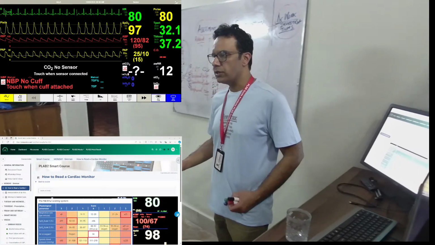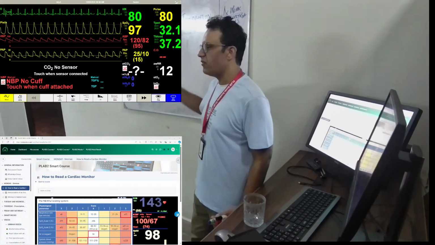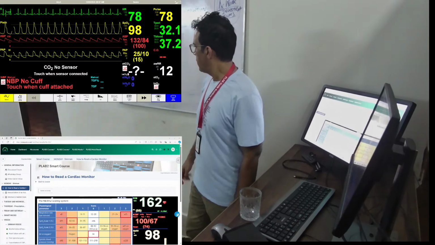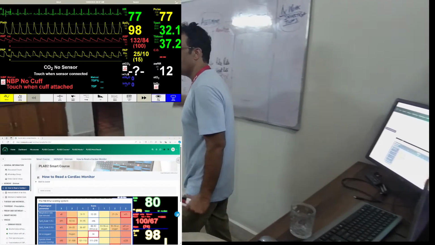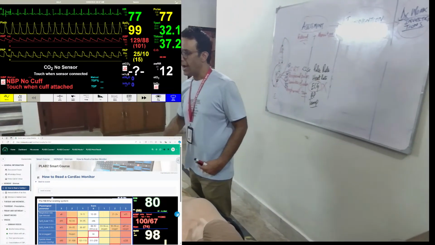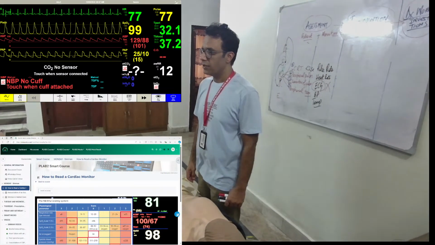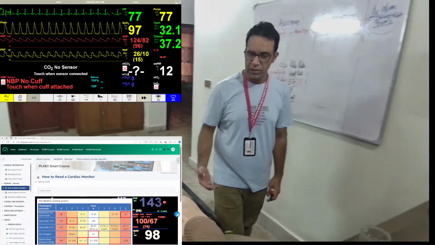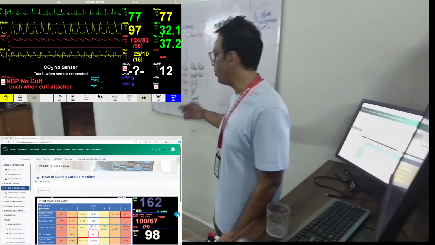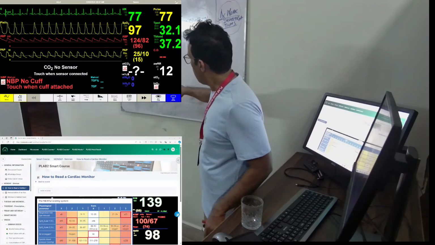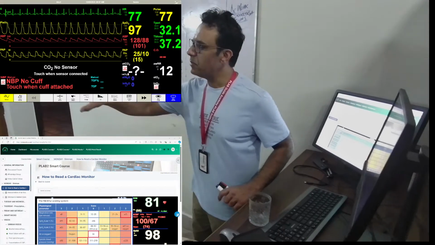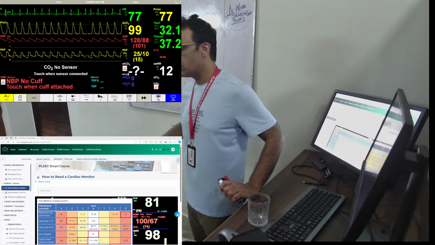At least the fluids, isn't it? If the capillary fill time is 3 or 4, at least the fluid. If the peripheral pulses are present or absent, at least the fluid, okay, isn't it? The minimum intervention is at least the fluid, and the character of the pulse is very weak, at least the fluid, that's the minimum intervention.